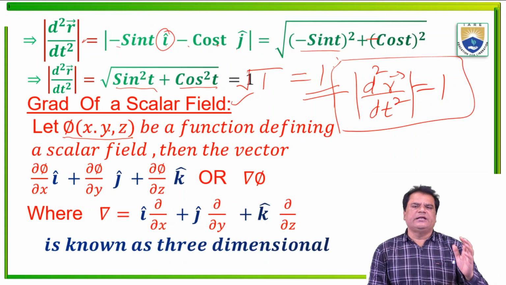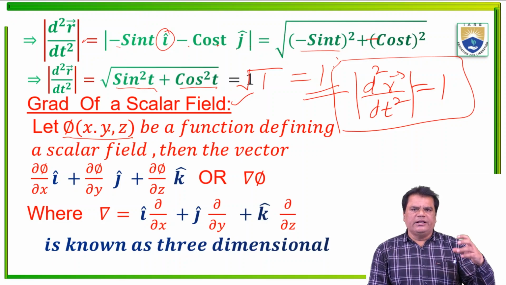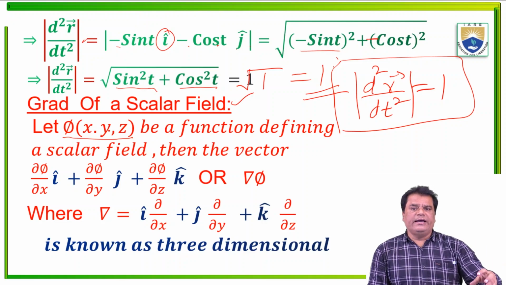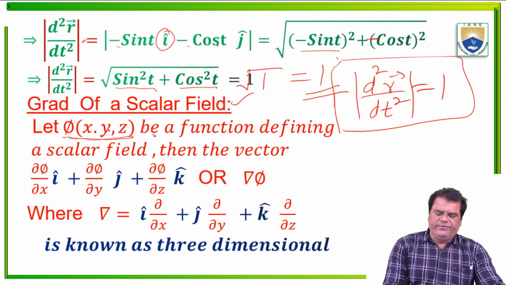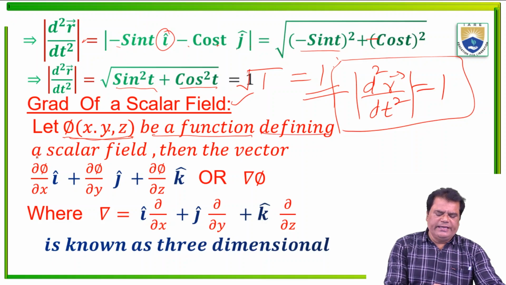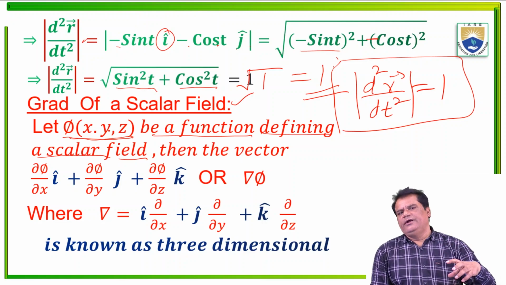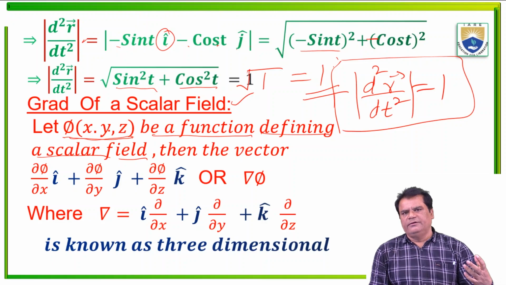A scalar point function is given at every point; every point has its own scalar value. So phi(x, y, z) is a function defining a scalar field.